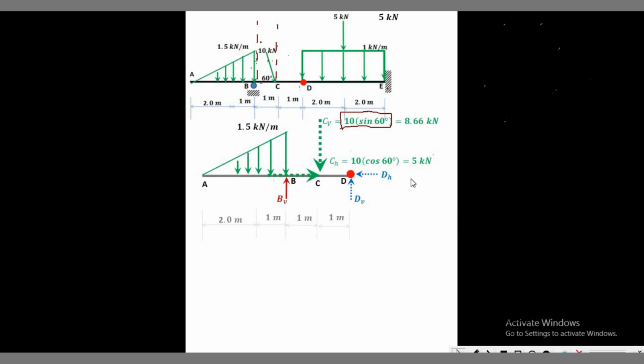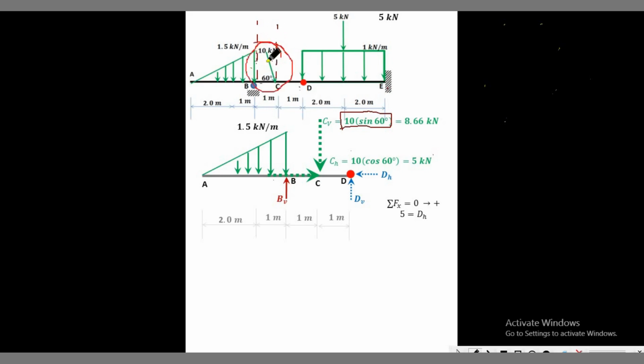So, kapag nakuha ko na yung vertical and horizontal component nitong 10 kilonewtons, I can determine now the values for BV and the internal reactions. So, if I take summation of forces along the x-axis, my DH is equal to 5 kilonewtons. Again, saan galing yung 5 kilonewtons? Kasi po, dito sa may point C, andun si 10 kilonewtons na nakaslant.